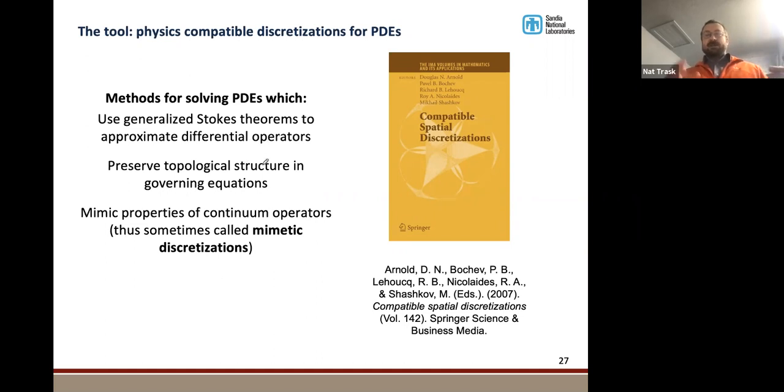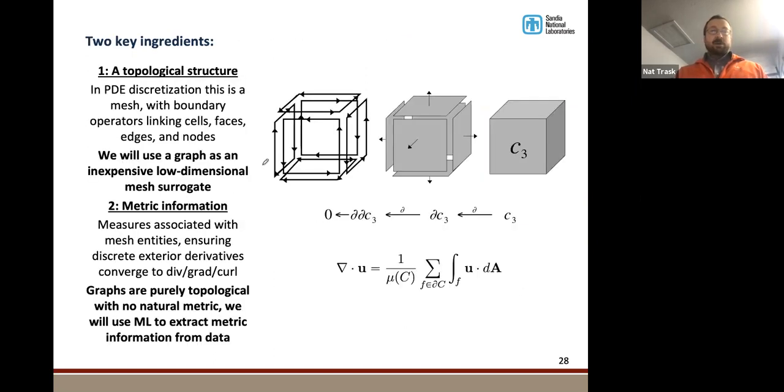And by tying things to these more fundamental theorems, that allows you to preserve topological structure in your governing equations. By doing that, you mimic properties of the continuum operators, right? So if your continuum equations are conservative, your discretization will be conservative. If you have a maximum principle, maybe things related to the eigenspectra, all sorts of things along those lines.